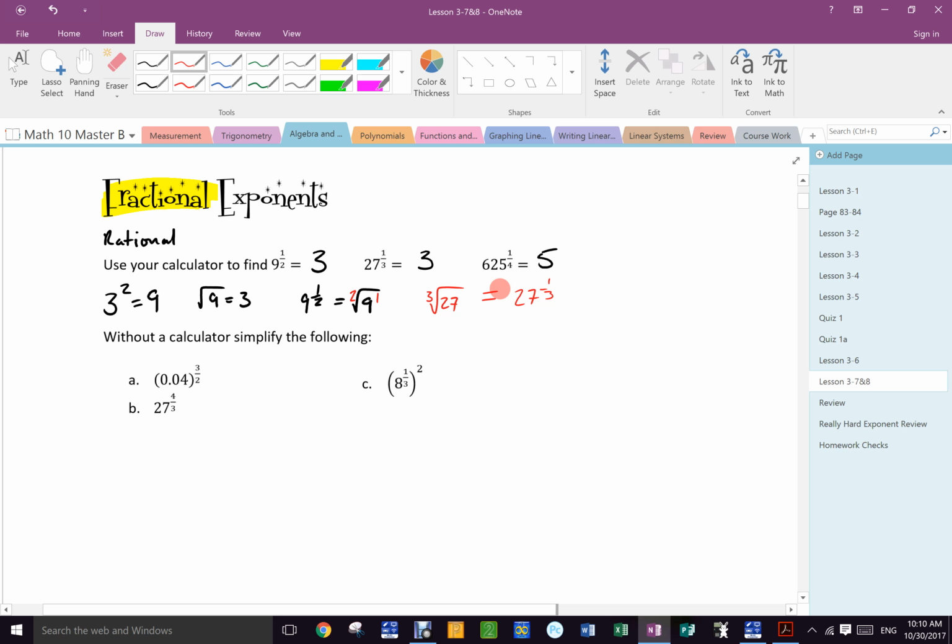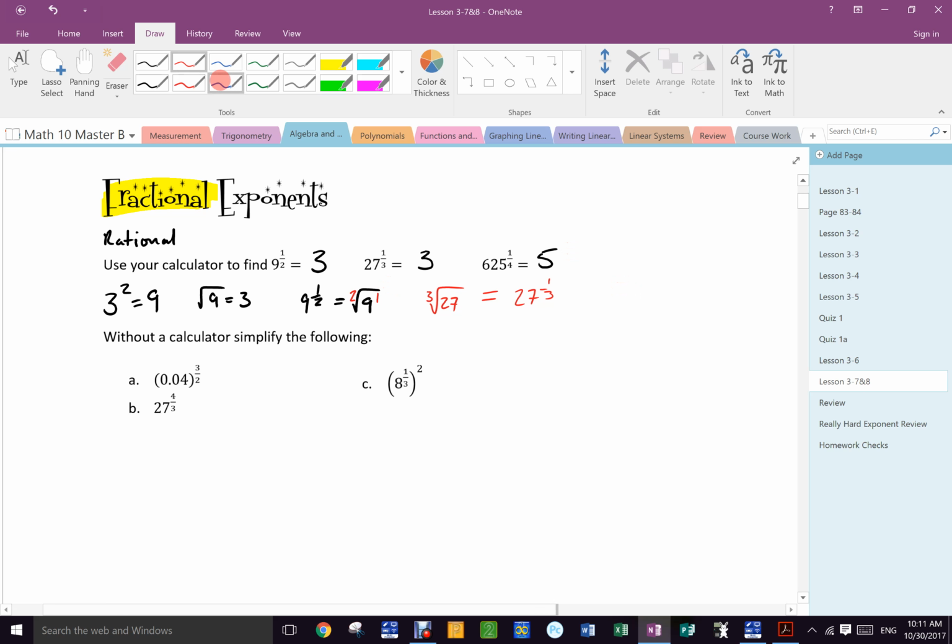Is everybody cool? So what would this one be? Instead of 625 to the 1/4, how can I write it in a different way? Look at what I did here.